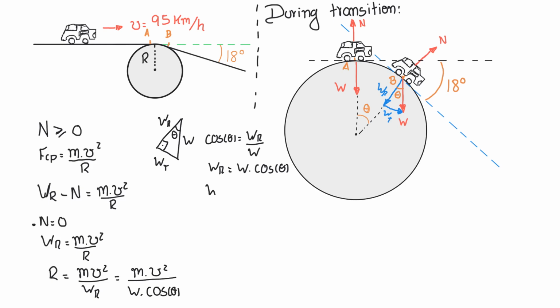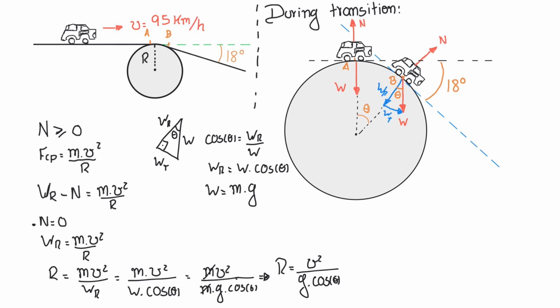Now remember that the weight force is given by the mass of the object times the acceleration of gravity. So this can be written as mv squared divided by mg times the cosine of theta. We can simplify the masses, and then we get an equation for the radius. The critical radius is v squared divided by g times the cosine of theta.